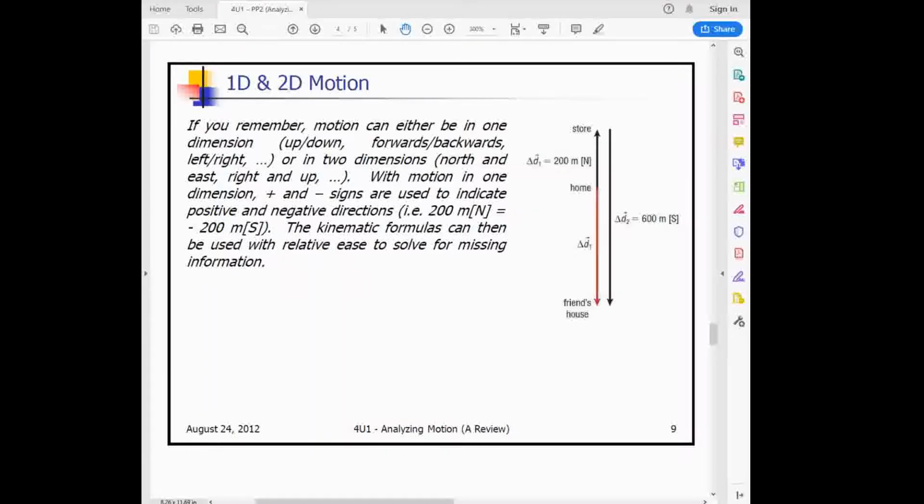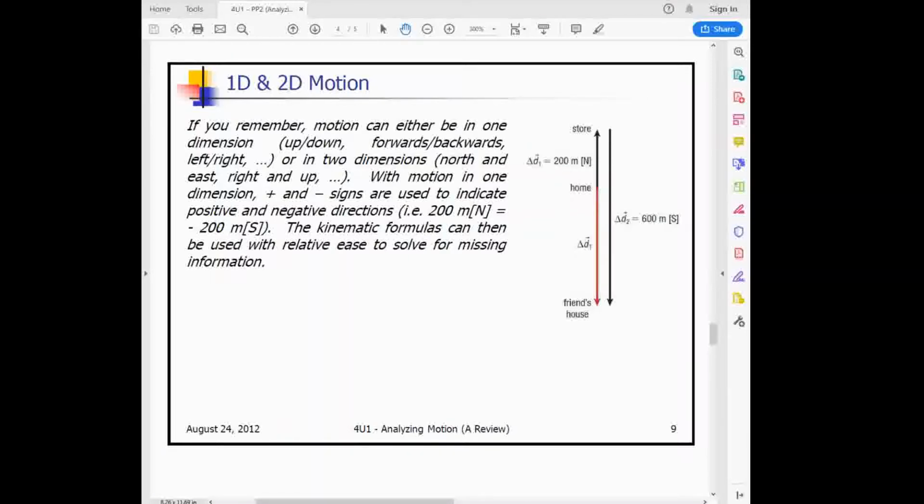So here we see a picture. It looks like it's a series of displacement vectors. So we have a displacement vector going from the home to the store. That looks like it's 200 meters north. That's the displacement vector labeled delta D1. We also have a displacement vector, delta D2, that looks like it's the displacement between the store and the friend's house. That's 600 meters south.